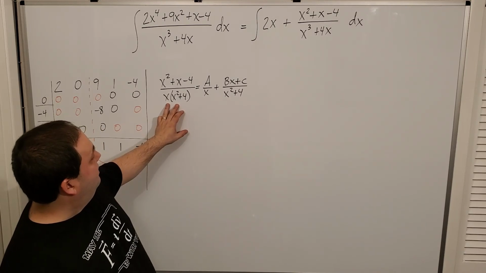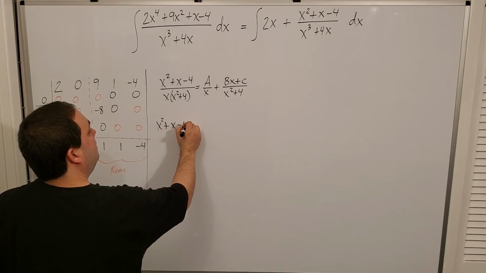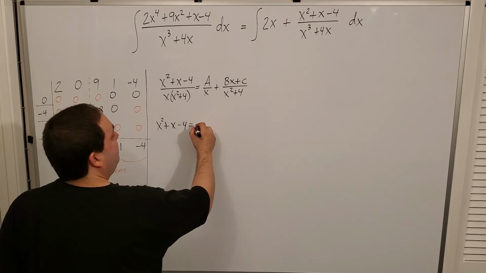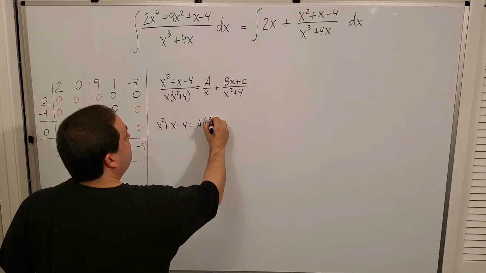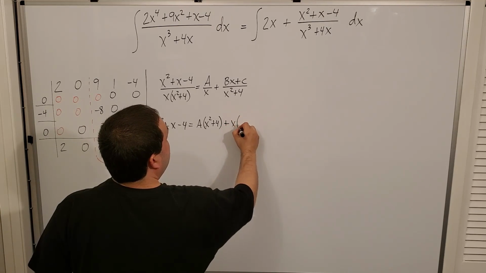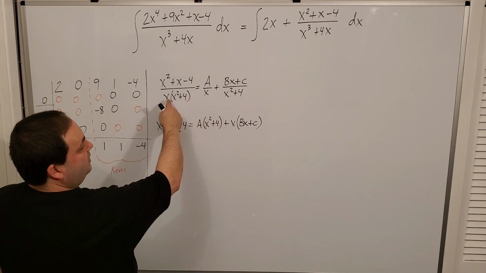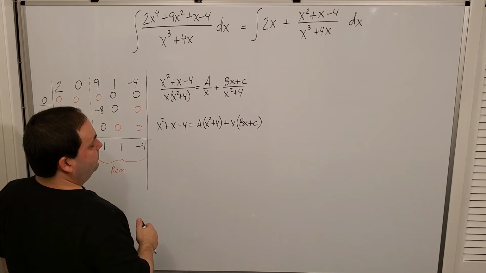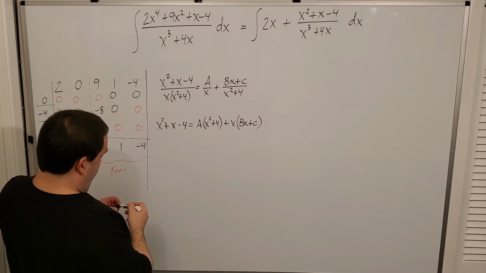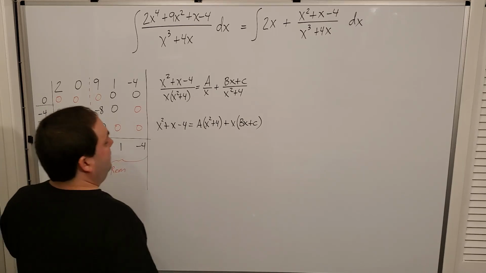I multiply by this denominator, which is then going to give me this, and then A times x squared plus 4, and x times Bx plus C, after reducing the multiplications of that denominator. This one is going to be pretty straightforward after a direct comparison here.